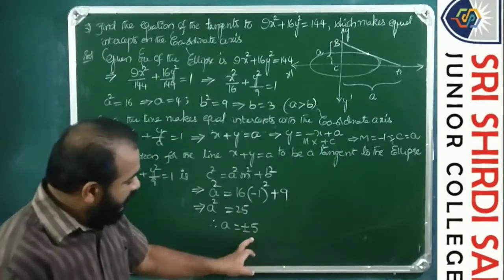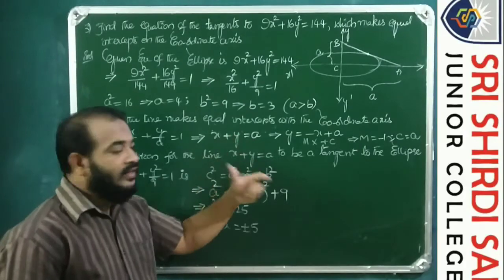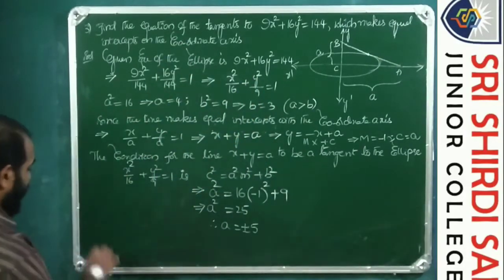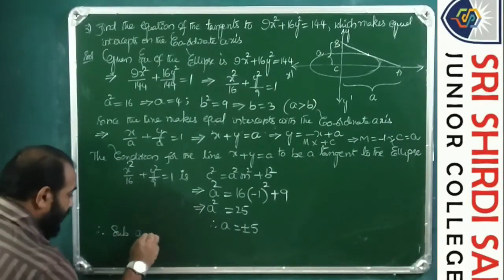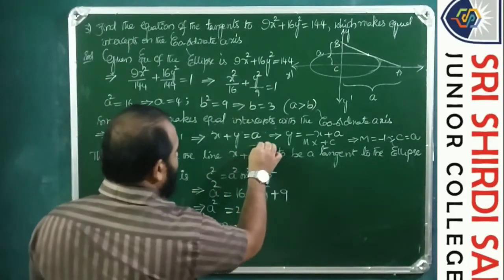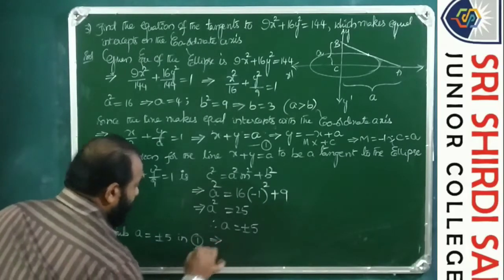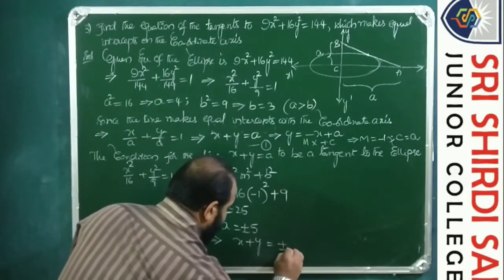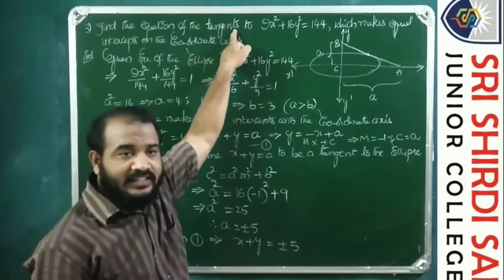So substituting this plus or minus 5 in this equation, we will get the equation of the required tangent. Therefore substituting a equals plus or minus 5 in, let us suppose that this is the first equation, in 1 we will get x plus y equals plus or minus 5. So here the equation of the tangents is mentioned.